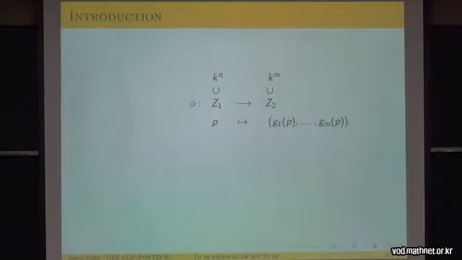You have two affine varieties, Z1 and Z2. Z1 is in K to the n, affine n-space, and the other one is in affine m-space. You have a map like this: you have a point, and then you have m components on the right-hand side.